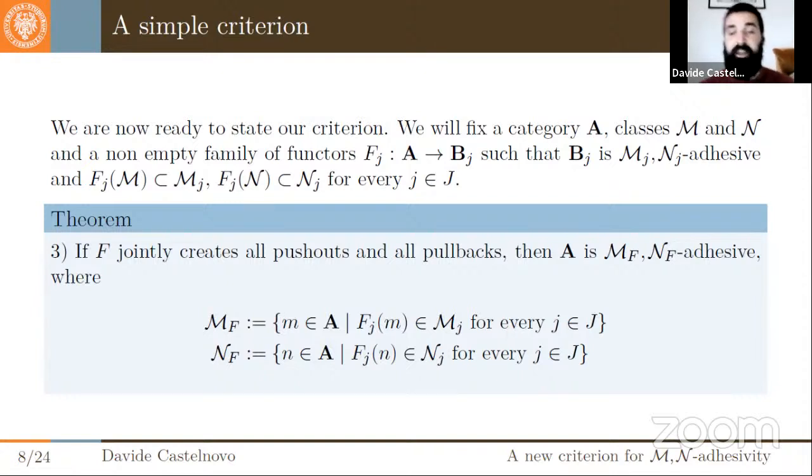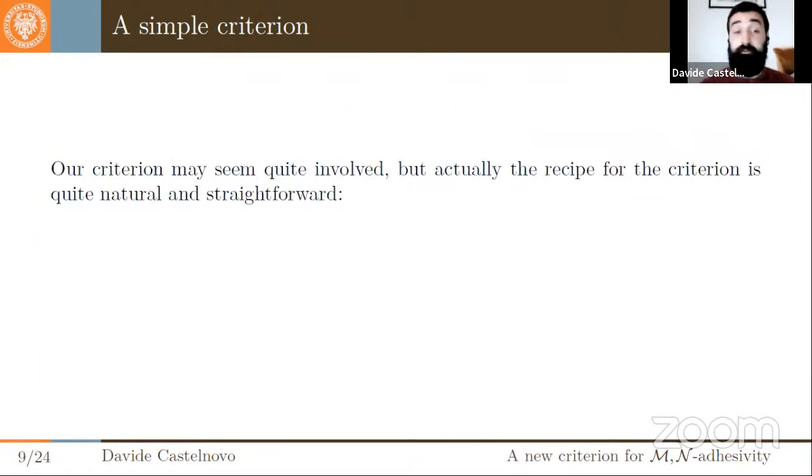So basically, we are taking the joint pre-image of all the Mj and Nj, so the intersection of all the pre-images.